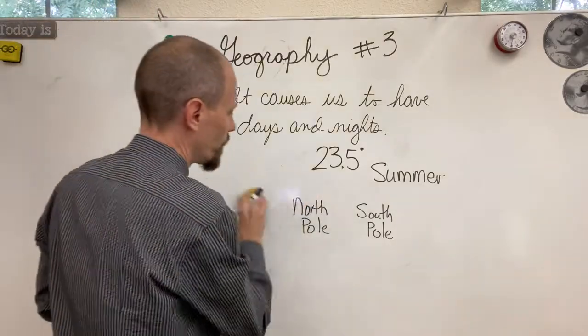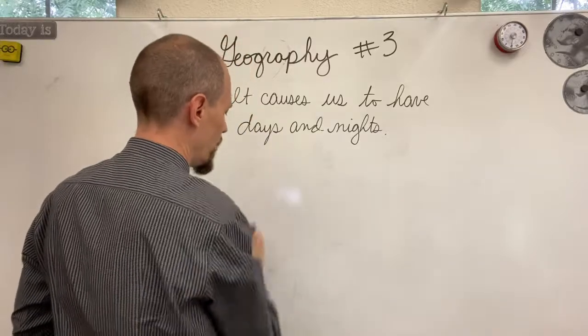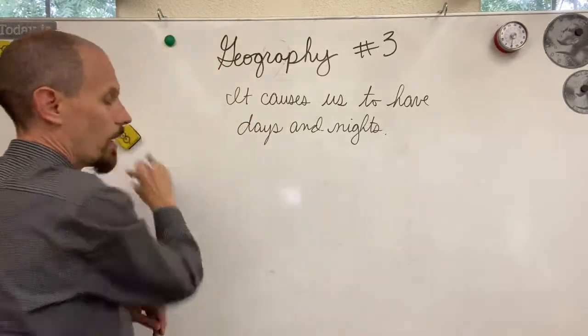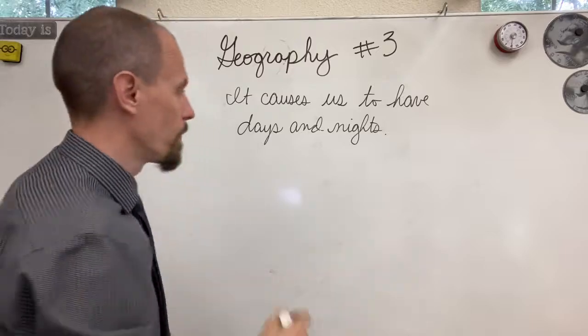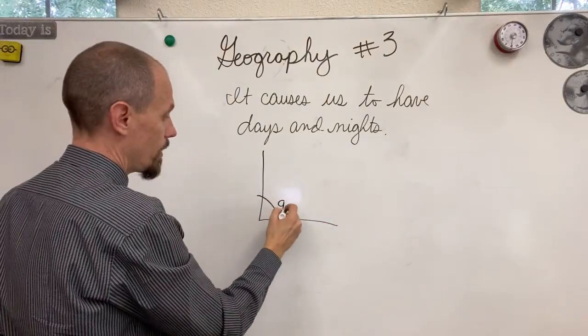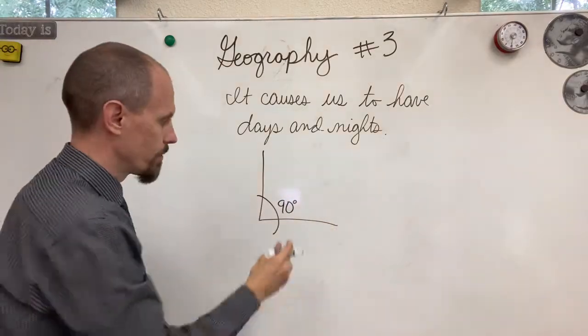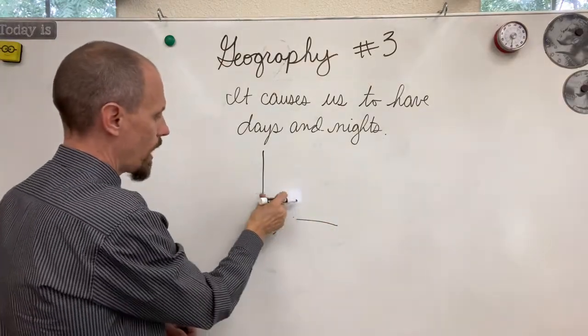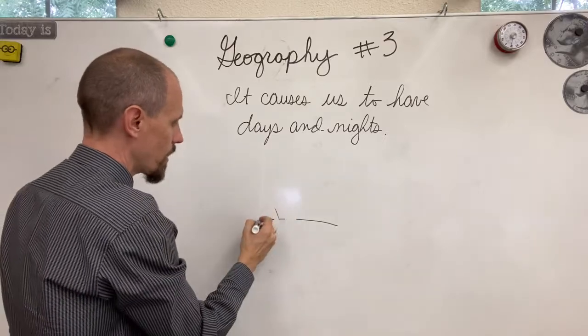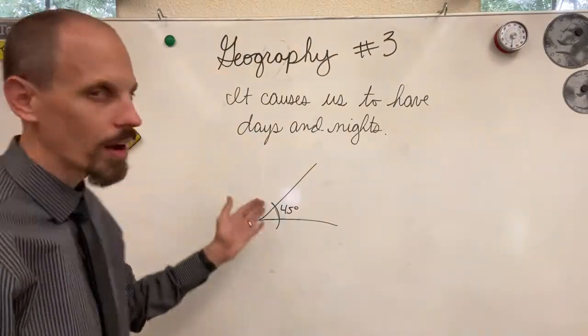For example, when you're dealing with angles, and you'll get into this when you get into algebra, and especially geometry and trigonometry, this right here is called a 90-degree angle. So from here to here is 90 degrees. If I were to draw an angle like this, this is a 45-degree angle.